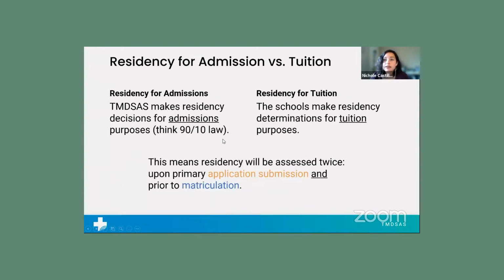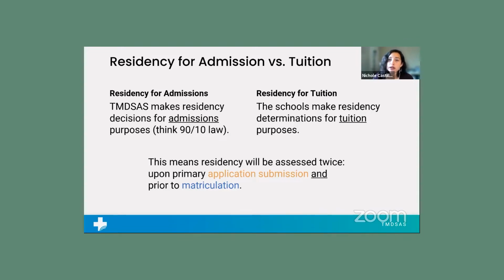Okay, another thing that comes up is determining residency for admissions versus tuition purposes. So, residency for admissions, this is what TMDSAS does. We make these determinations, and think back to that 90-10 law, right? So we are helping the schools to meet that requirement by making this determination through application processing.